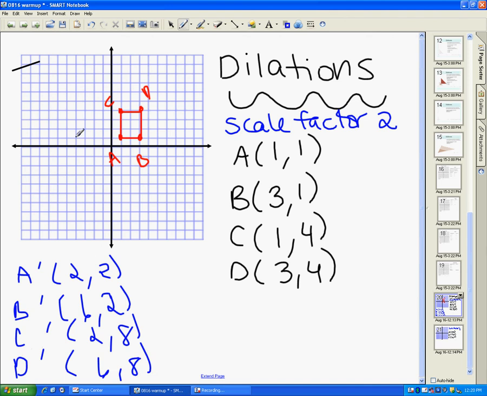So now I'm going to graph these points. 2, 2, there's A prime, and you want to make sure you identify that point as being the prime. 6, 2. C prime is at 2, 8.